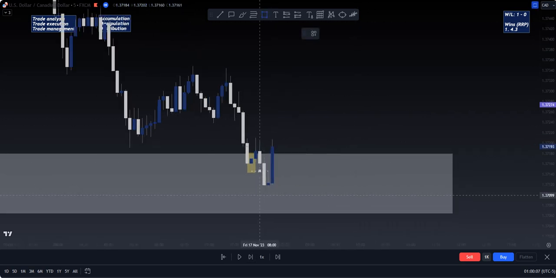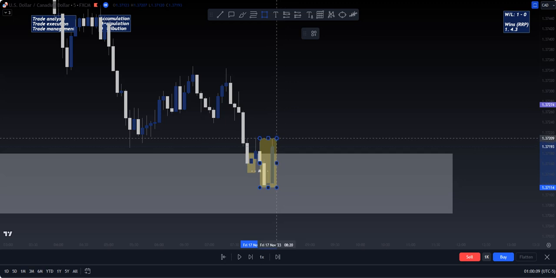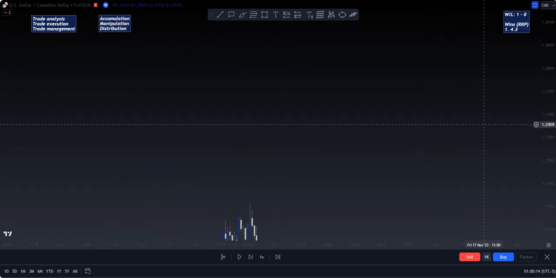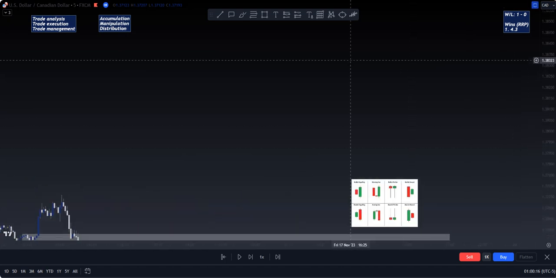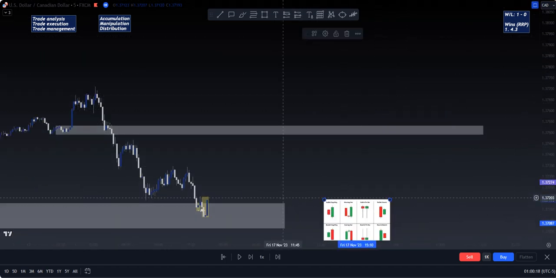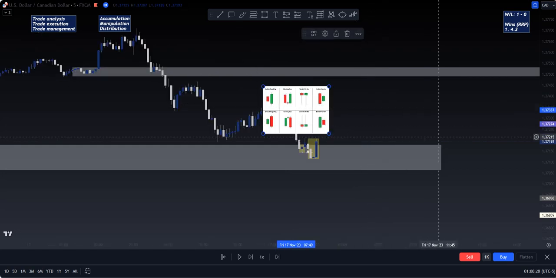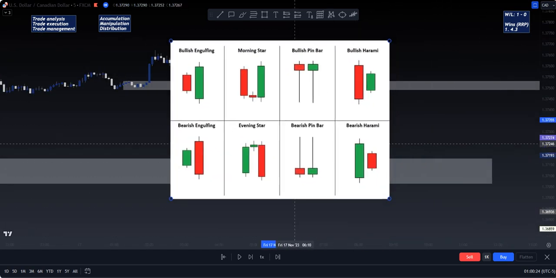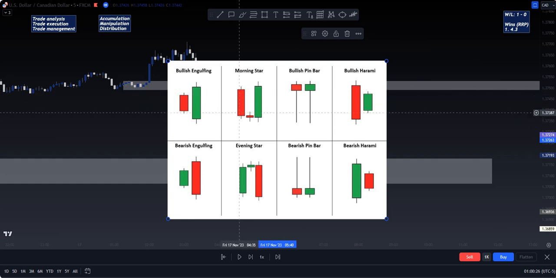Now this is an entry signal. This is a very strong, where is it? Morning star pattern, right? Very strong morning star pattern where we have a bearish candle followed by a doji followed by a bullish engulfing, right?